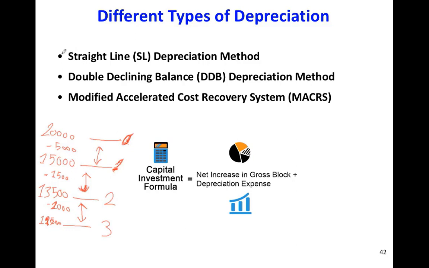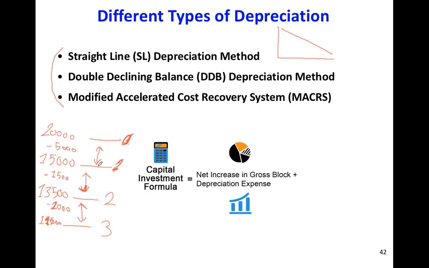In the plant, in the process, we have different equipment, and there are some specific methods. One method is the straight line, or we call it SL depreciation method, that considers a linear relation between the reduction of the price and the period.